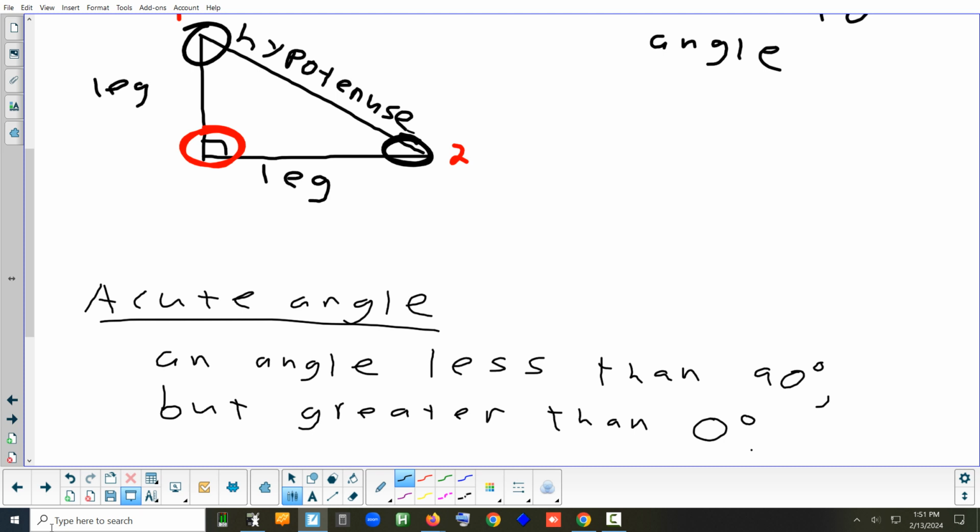Since one of them in the corner is already 90, the other two have to be less than 90, but they also have to be more than 0, or you wouldn't have a triangle. That's what an acute angle is: less than 90, greater than 0.